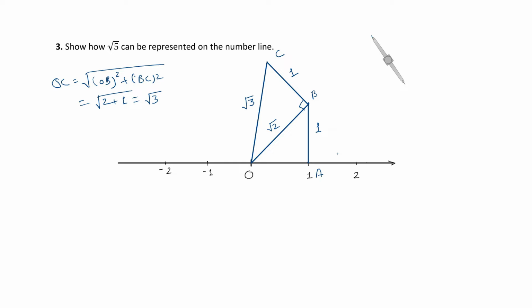Now again, we will draw a perpendicular line CD to the line OC of unit length.